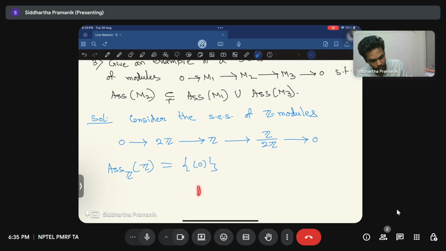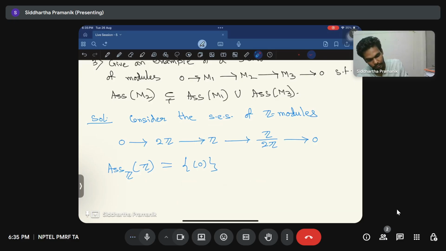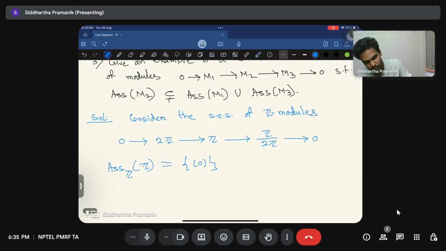These are all prime ideals which look like the annihilator of some element x, where x is a non-zero element of Z. Now if you take a non-zero element n belonging to Z, then the annihilator of the element n is basically 0.